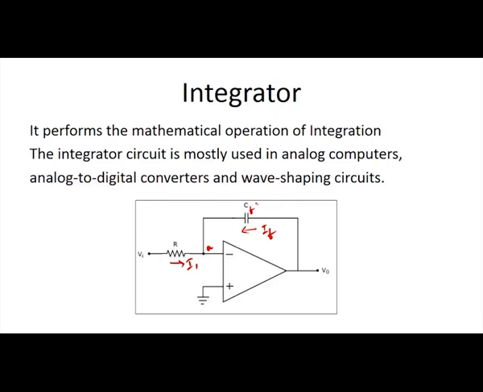This is CF, since it is connected in the feedback path, and this is R1. KCL gives an equation: the sum of the currents flowing towards the node, I1 plus IF, is equal to 0, since IB minus is equal to 0 because the input resistance is assumed to be infinity for this operational amplifier.